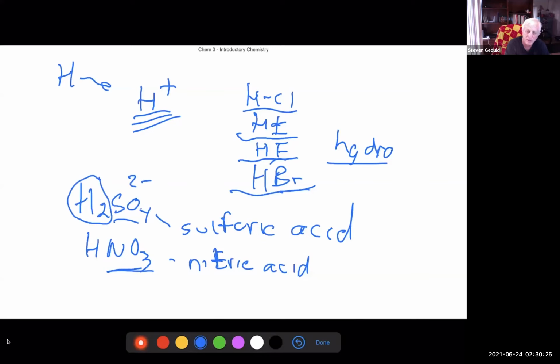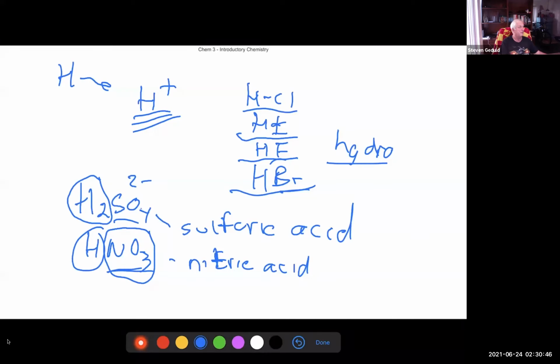Remember, we're always balancing our charges. Nitrate is NO3 -1. We only have 1 hydrogen to balance that. And that's how you name different acids. Again, we'll get more into acids in, I think, chapter 7 or 8, when we're doing the pHs and everything else. And that is chapter 5. Pretty cool.